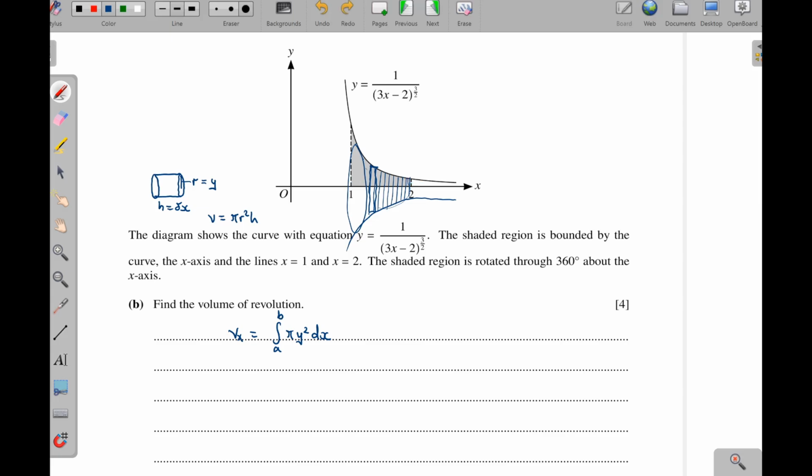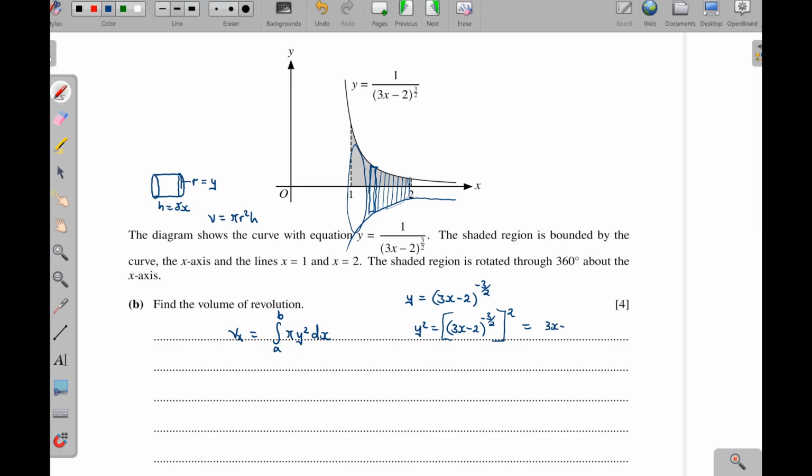Now, from here, we need to get y squared. So y, first of all, is 3x minus 2, then to the power of negative 3 over 2. Now y squared will be 3x minus 2, then power negative 3 over 2, then you square this one here. So what does this one imply?